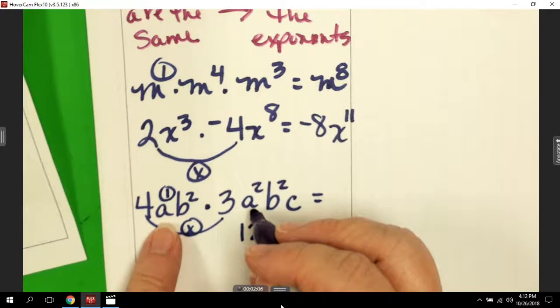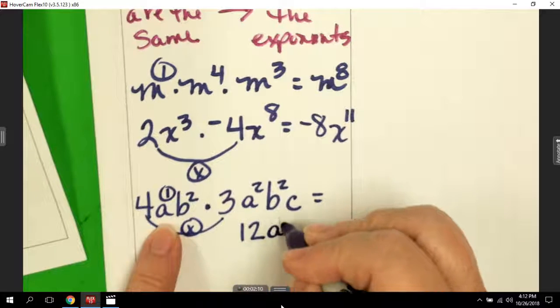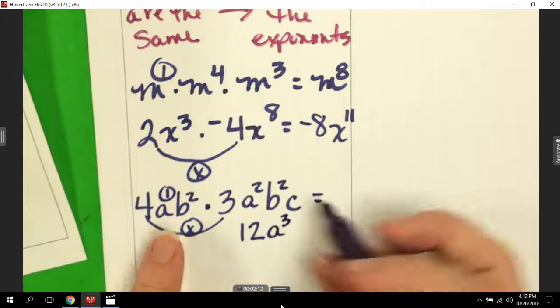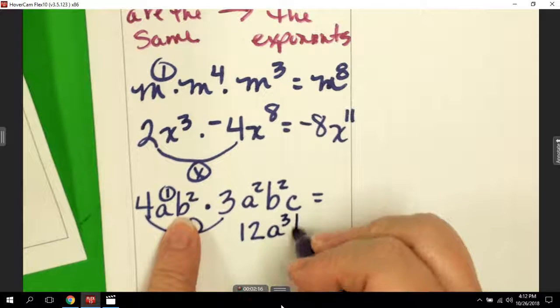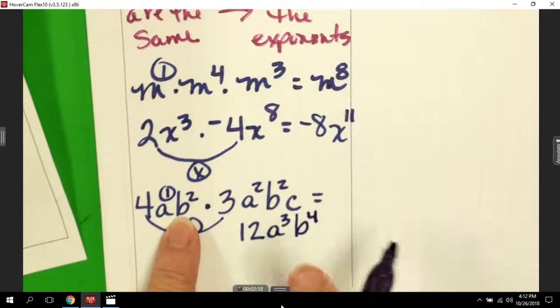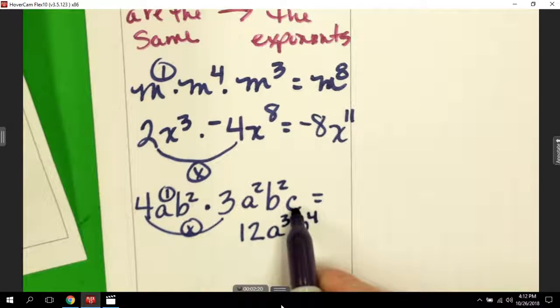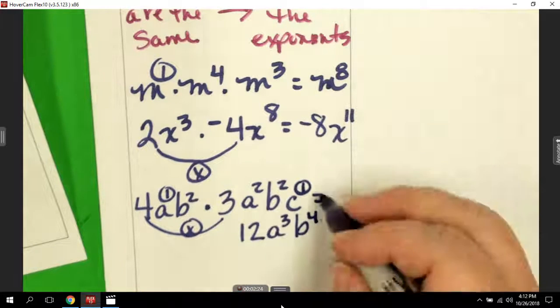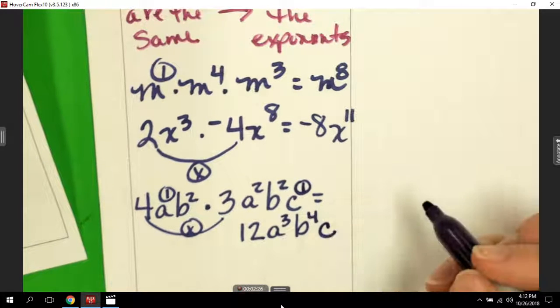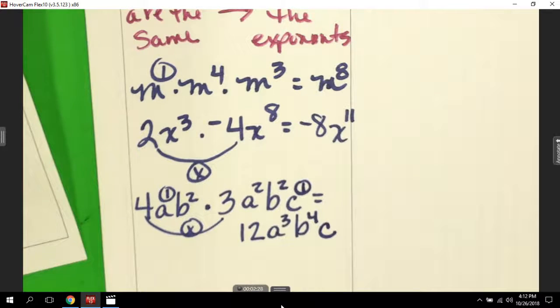A to the first times a to the second, simply add the exponents. A to the third. B to the second times b to the second, add the exponents. We have b to the fourth. C, it has the exponent of 1, and there's no other variable c's in our problem, so it's going to stay c to the first power.